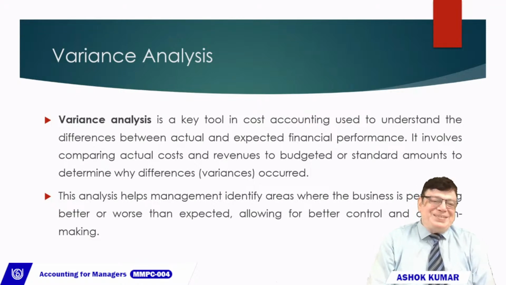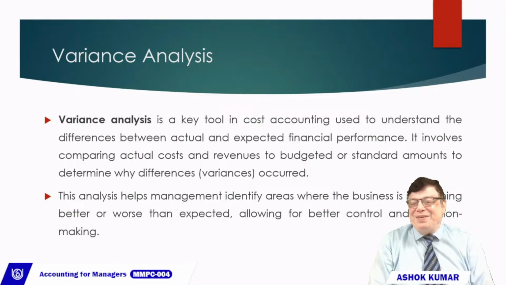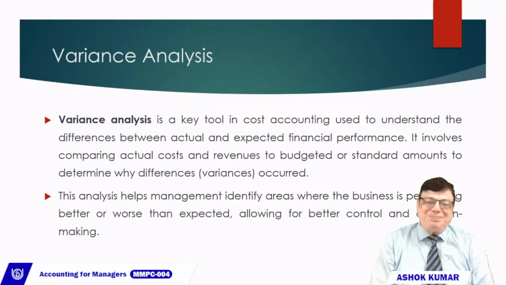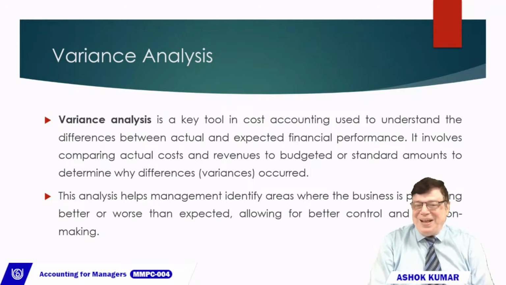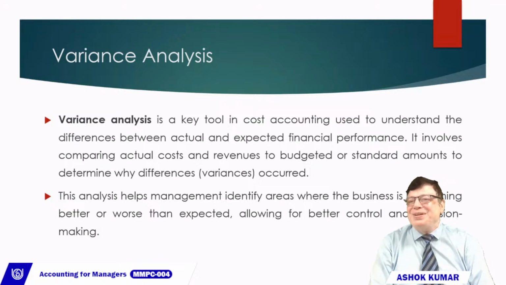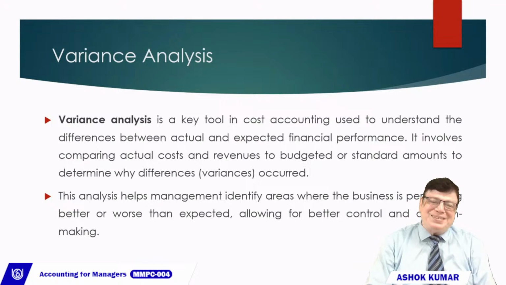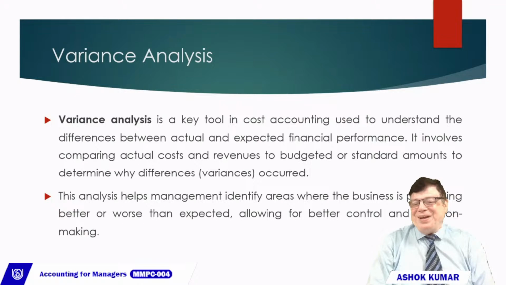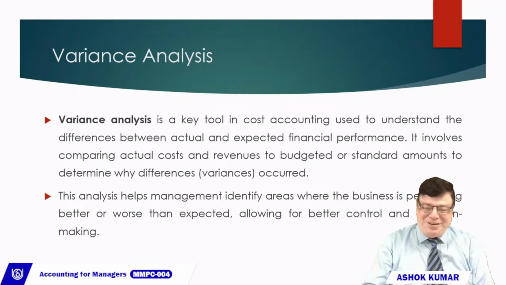This analysis helps management identify areas where the business is performing better or worse than expected, allowing for better control and decision making. By this analysis, the management further takes decisions, takes action, how to improve the things and how to improve the profit, revenue.